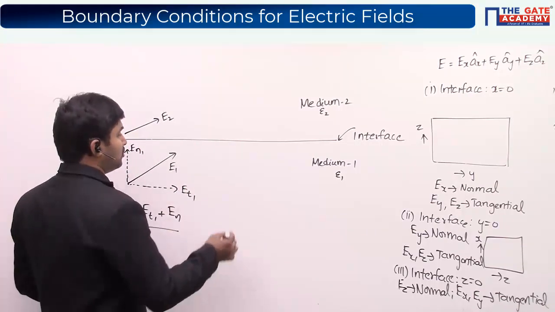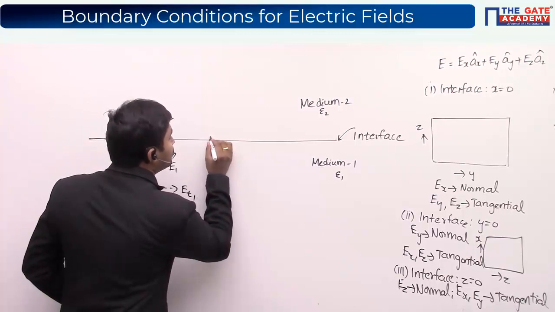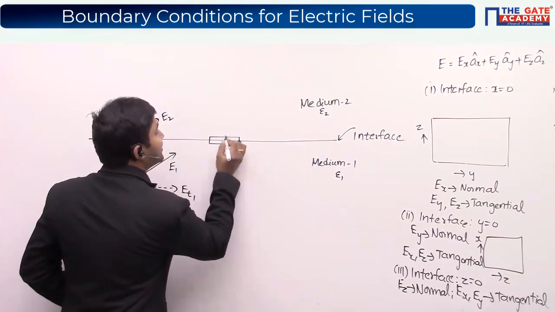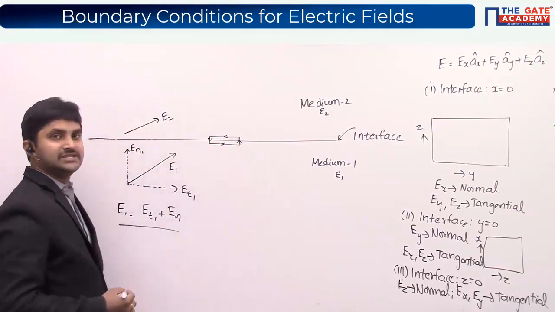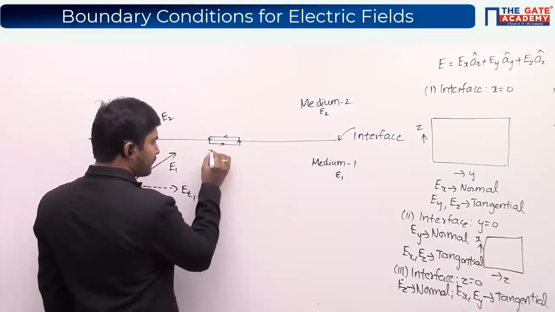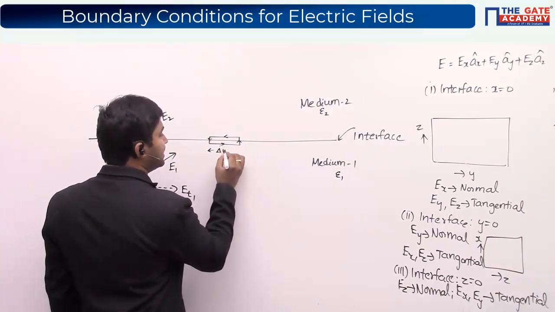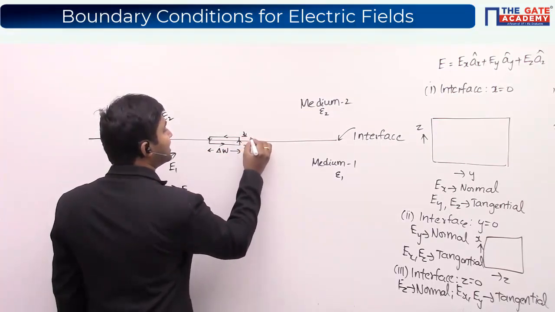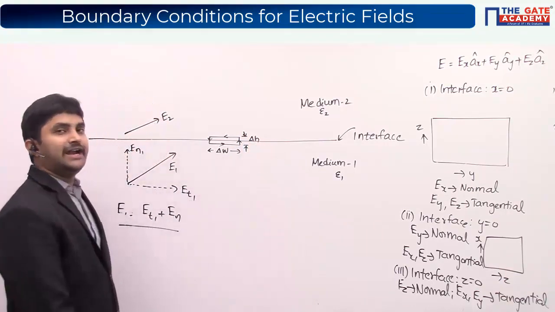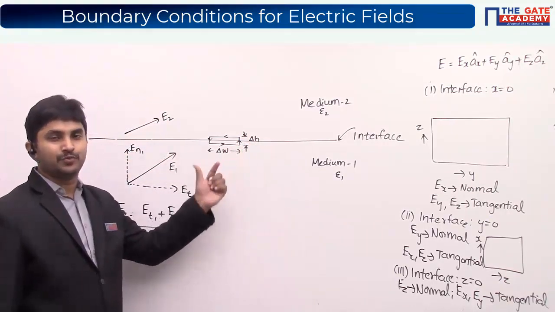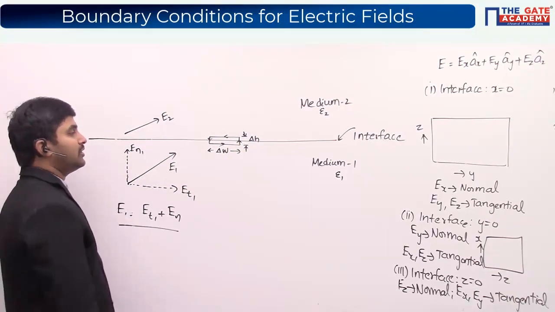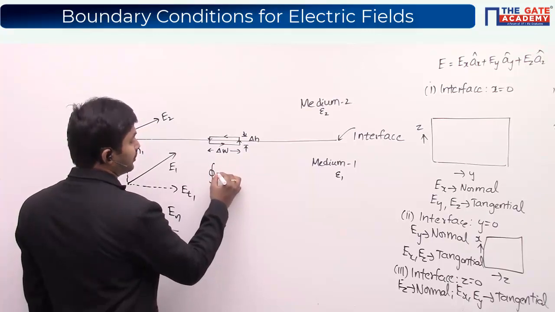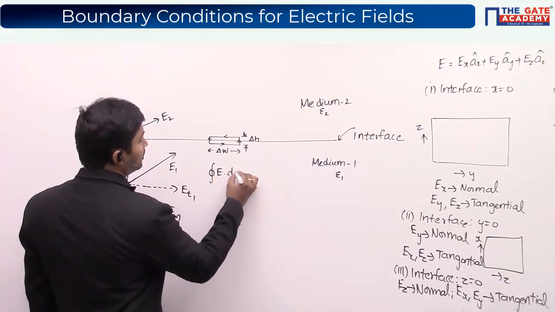Right. So the first thing that I want to do is to have a closed loop around this particular interface. This closed loop will have a width of del W, and I would consider that it has a height of del H. I think you all know that any electric field which is static in nature will satisfy the condition that the closed integral of E dot dl is equal to 0.